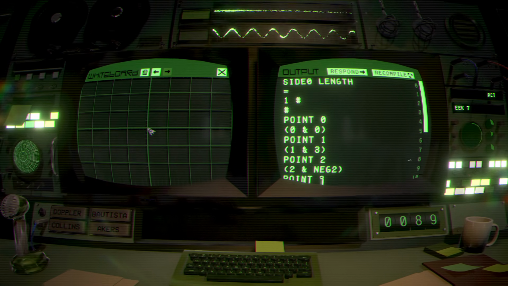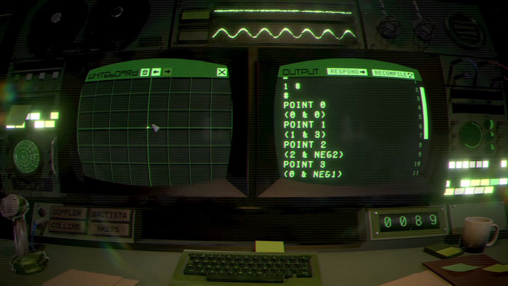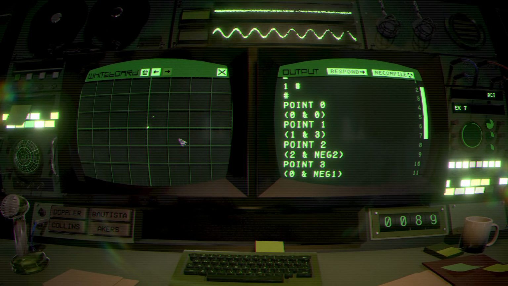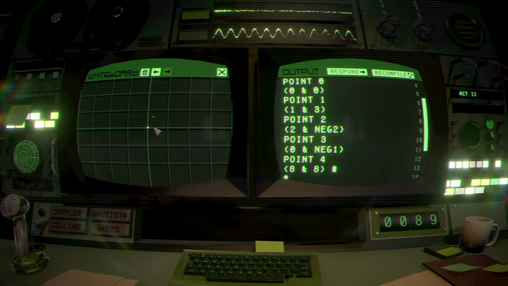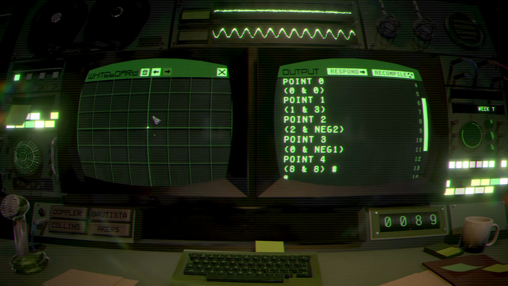So here's 0, 0. Try and do it on this little baby graph. 1, 1, 2, 3. 2, 1, 2. Negative 2, 1, 2. Again, I'm not sure how well this is coming through.